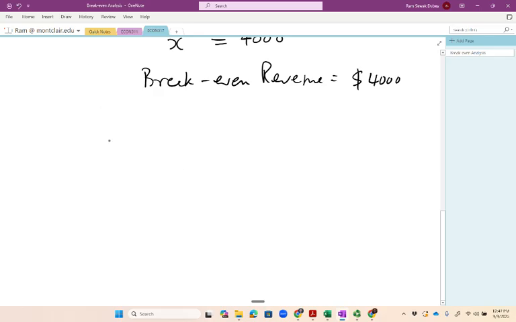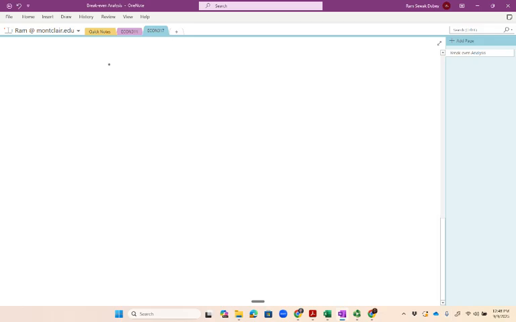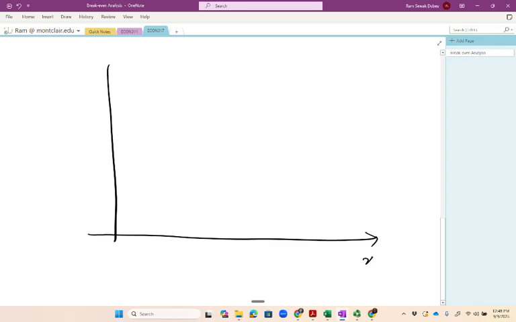We can also solve this exercise graphically, and for that I will draw a graph with revenue on the horizontal axis. So X is on the horizontal axis, and then we have the total cost on the vertical axis.